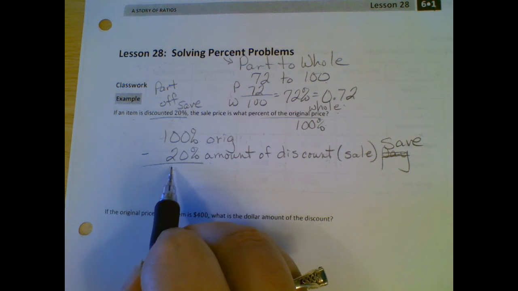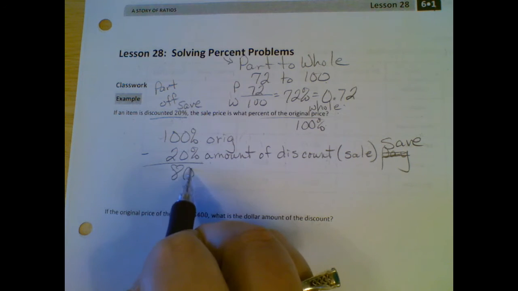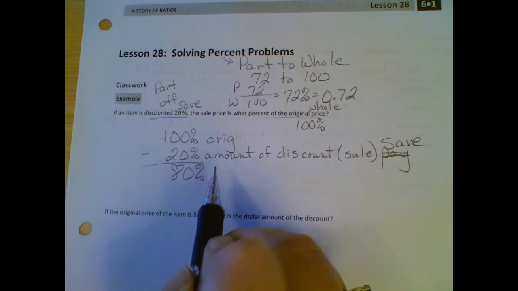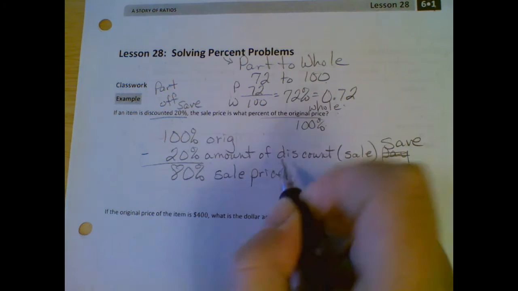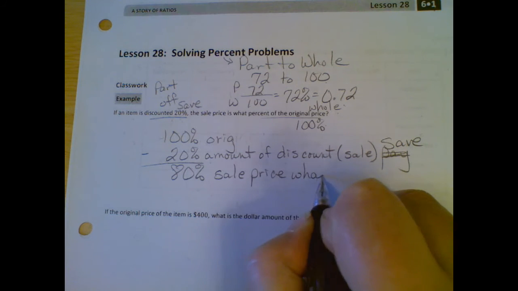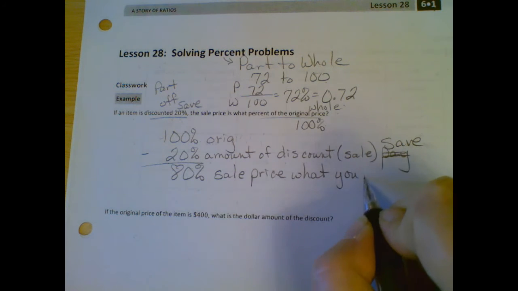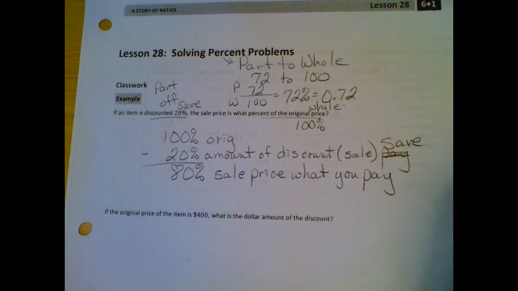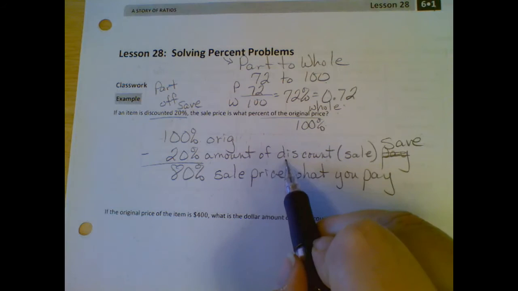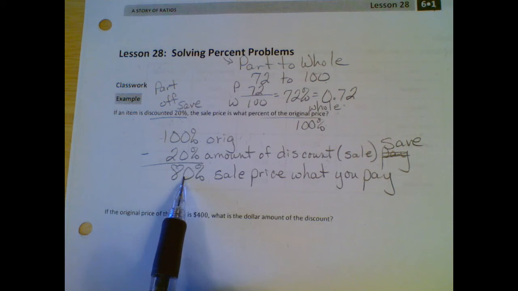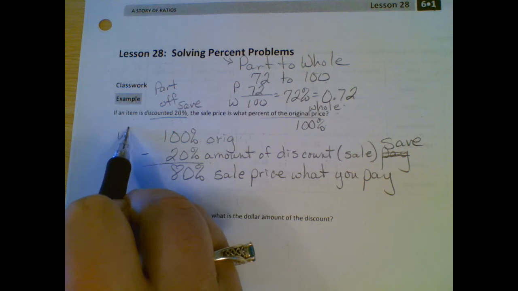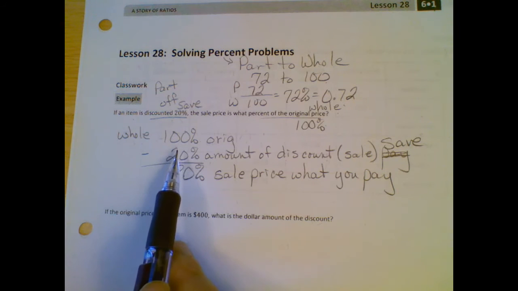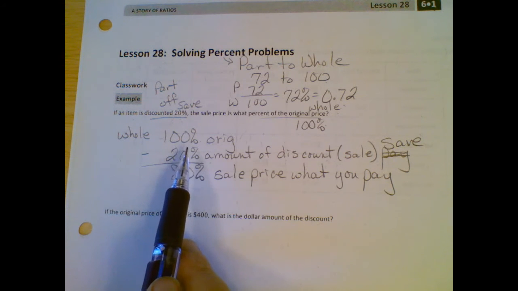And when I take 100 minus 20%, I have 80%. This is the sale price. It is what you pay. Okay, so the amount of discount, what I take out, and what I pay for. Now we've been talking part to whole. This is our whole, and the whole is very much the original.